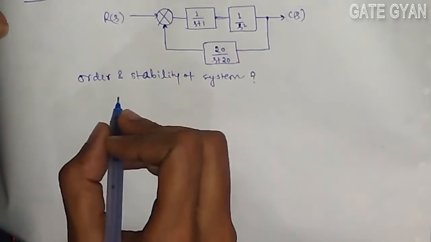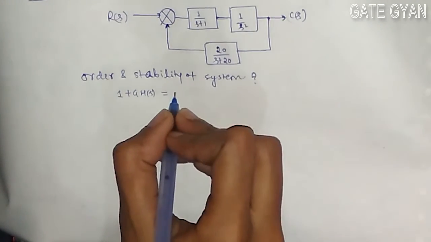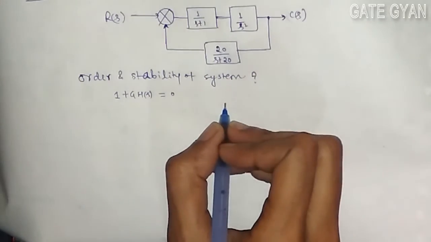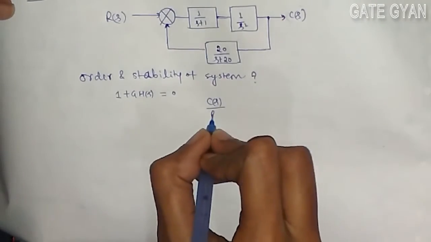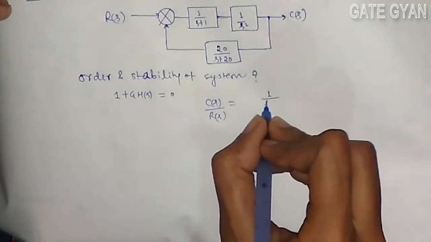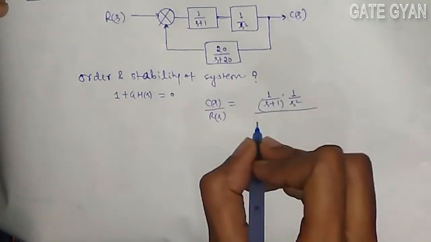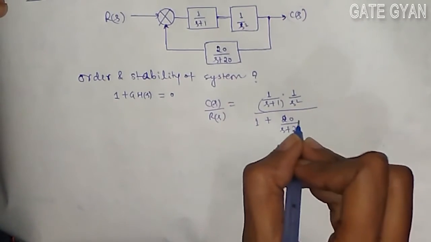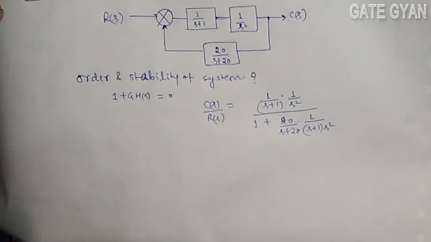So first of all, we will find the closed loop poles: 1 plus GH(s), we will equate it to 0. Now, the closed loop transfer function of the system, C(s) by R(s), is going to be G over 1 plus GH, that is 1 upon (s plus 1) into 1 upon s square, upon 1 plus 20 upon (s plus 20) into 1 upon (s plus 1) into s square.